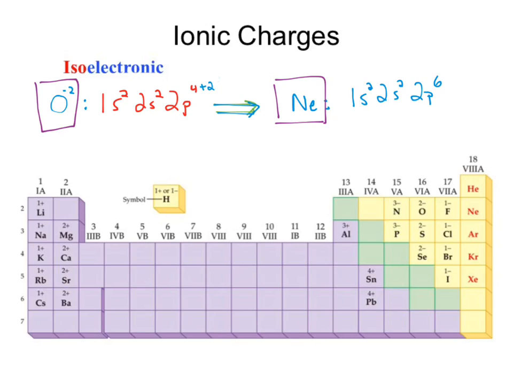They have the same electron configuration. That's all that term means. We can use this to predict the charges. All we're looking at is how do we make it look like a noble gas? Could oxygen have looked like other noble gases? What would I have had to do to make it look like another noble gas?